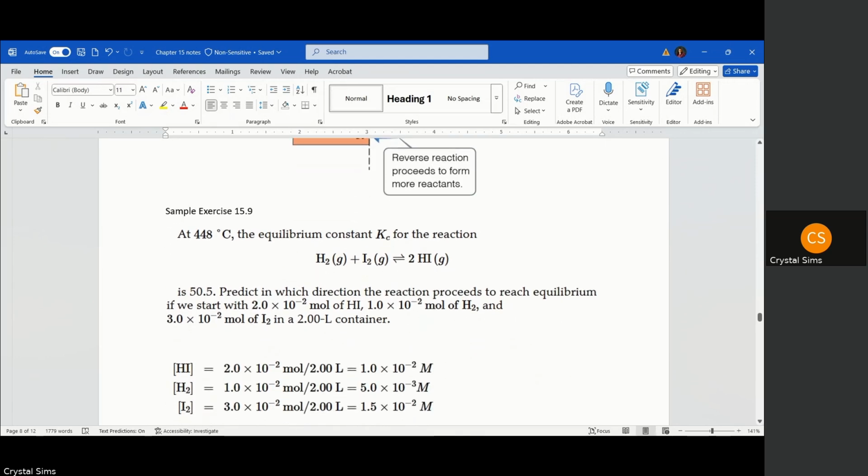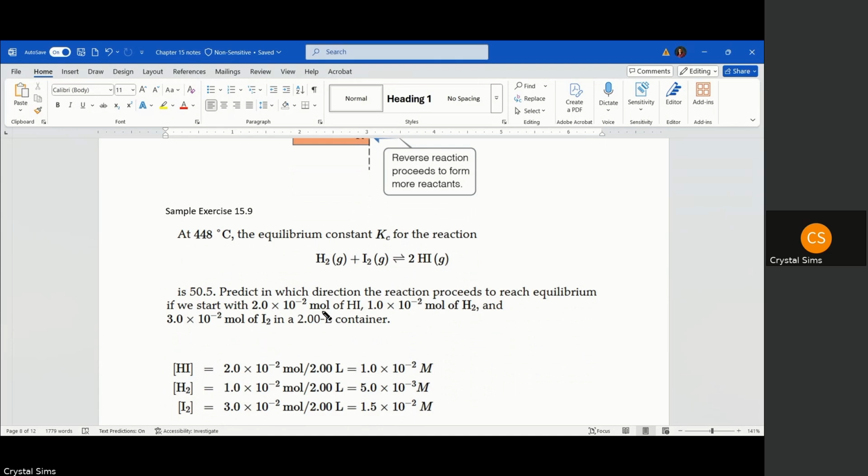So the first thing that we have to do is figure out our exact concentrations. You might think, well, they told us that. Well, they did, but notice that we're not in a 1 liter container, we're in a 2 liter container, and we're dealing with gases. What happens with gases? They expand.